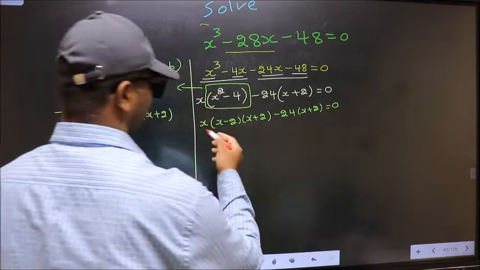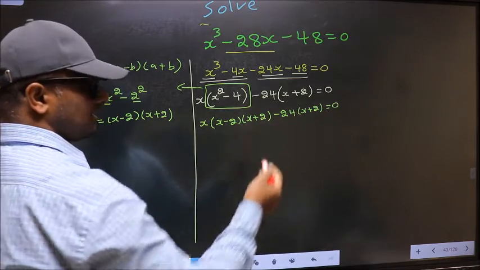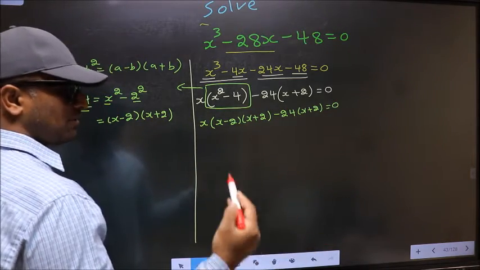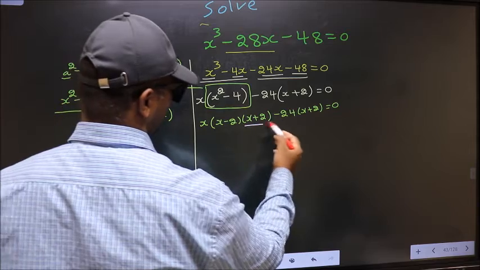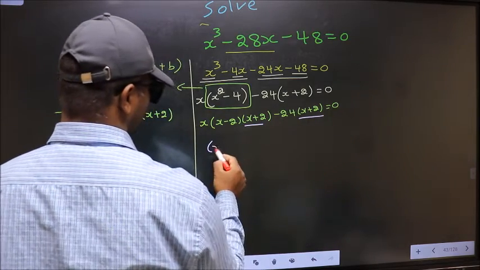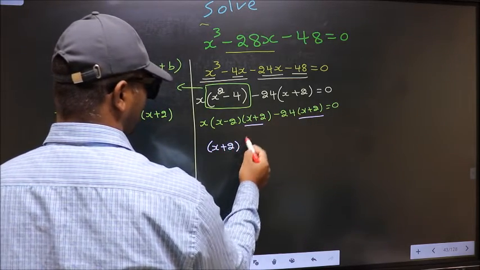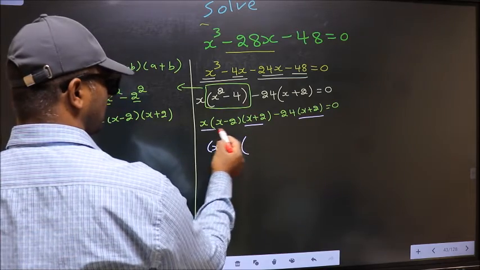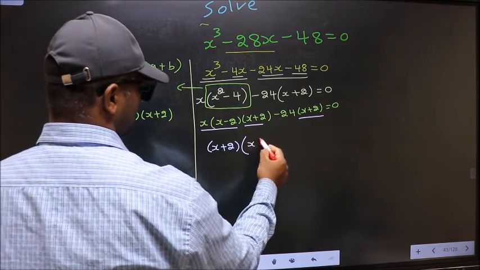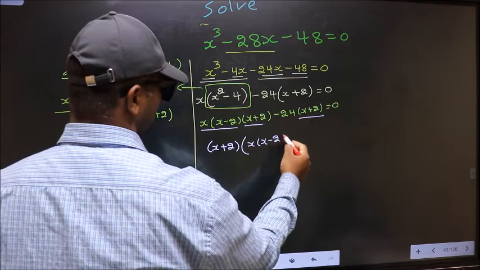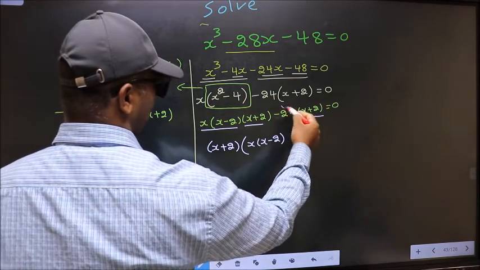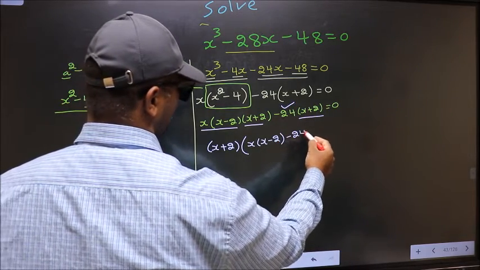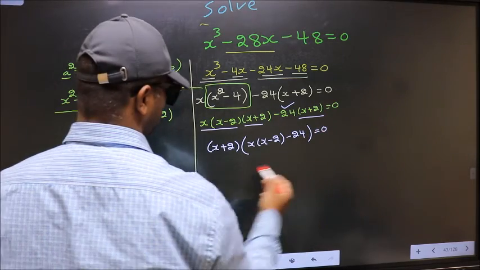Next, from this entire equation, what can be taken out common is x plus 2. So x plus 2 outside. Over here we are left with these two, that is x times x minus 2, and over here we are left with minus 24 equal to 0.